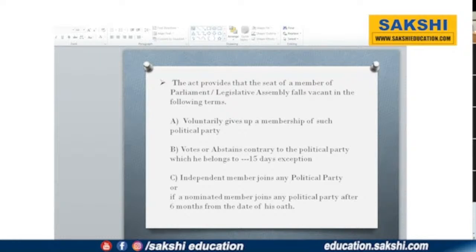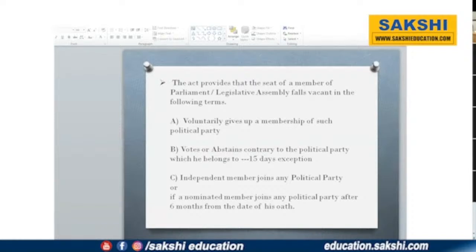He cannot be a part of this legislature until and unless he resigns that seat and goes back to the constituency for election, and he has to contest the elections and come back again as a member of that particular party wherever he has crossed to.